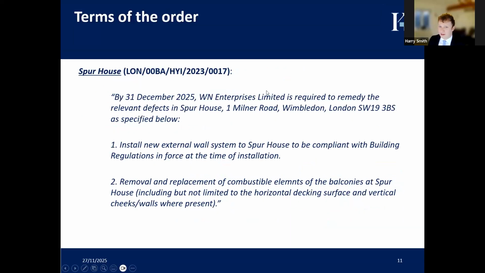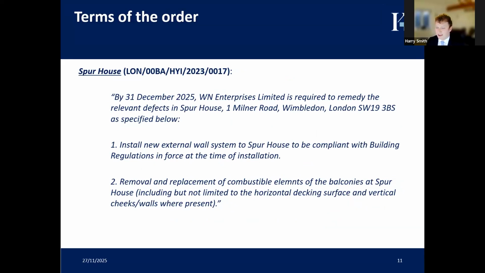So much for discretion. I want to move on now to look at how the tribunal will frame a remediation order and the powers that it has in that regard. Now, there are no hard and fast rules here. In some cases, the tribunal has been very prescriptive as to the work which the landlord is required to do.